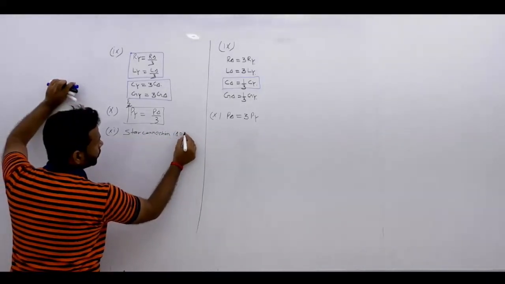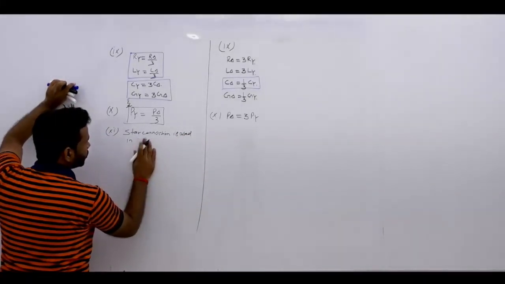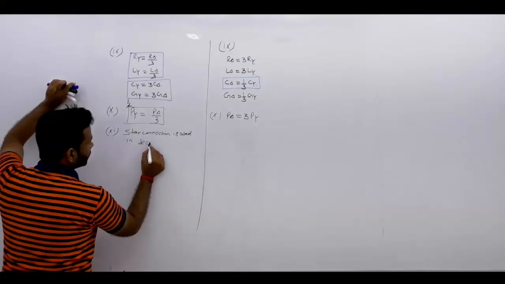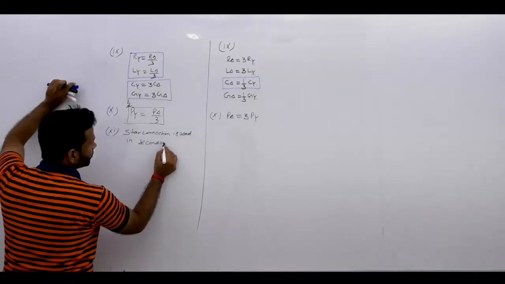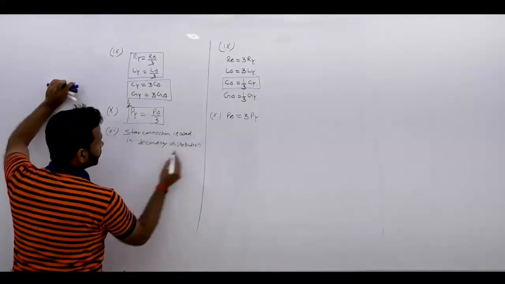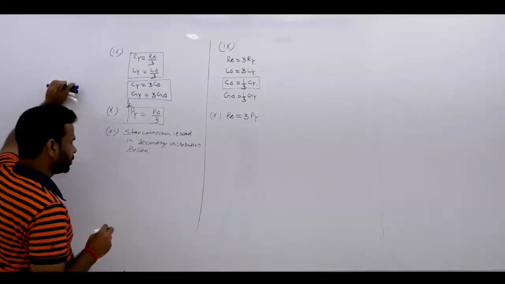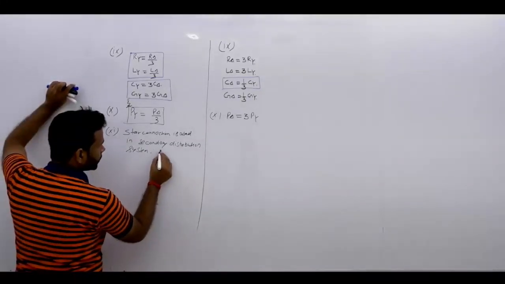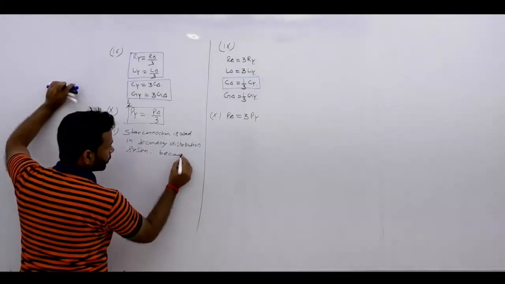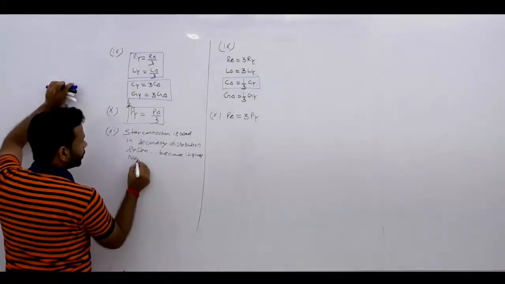Star connection is used in the secondary distribution system because it gives a neutral point.